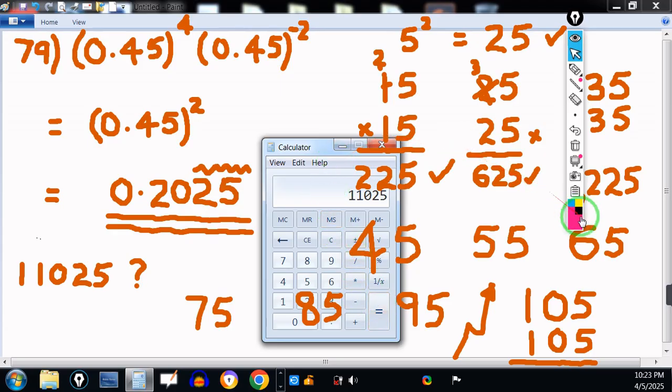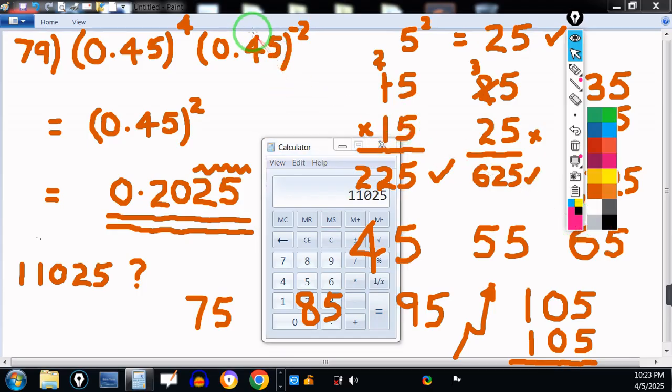Let me try another one. Let's go 115. Oh, it keeps on going. Let's try 115 squared. So it will now become 115.